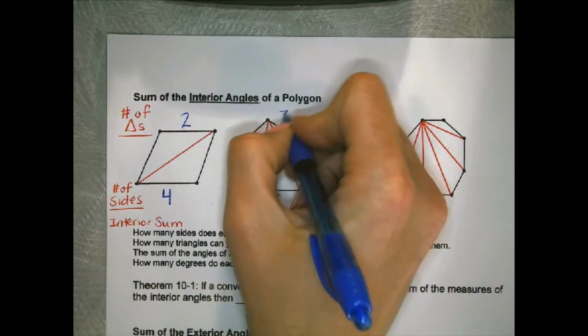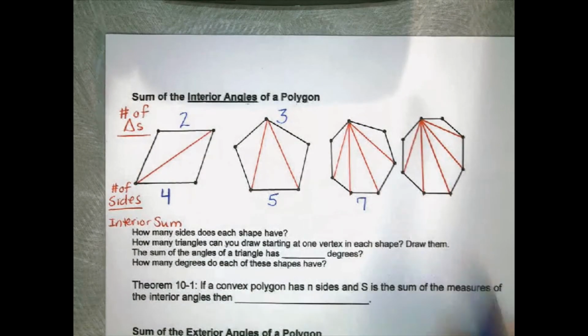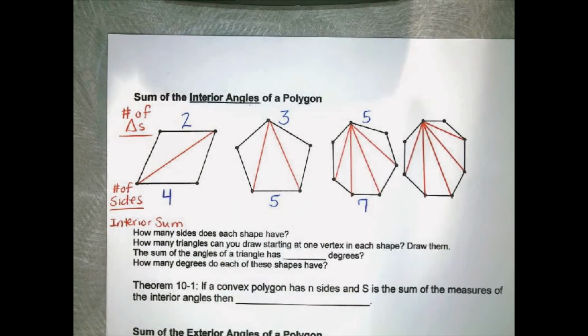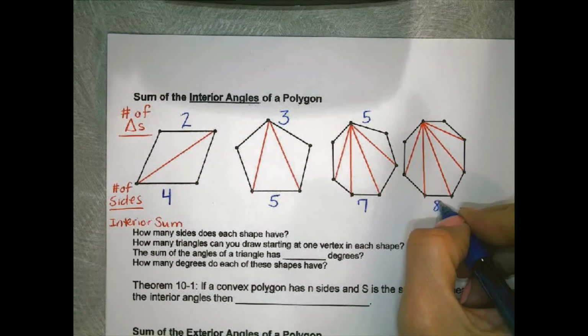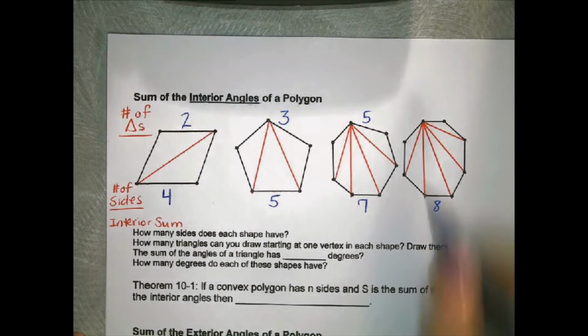In this heptagon, I have 7 sides, and when I draw my connecting lines, I create 5 triangles. In this last example, I have an octagon. It's not a regular octagon, but it does have 8 sides, so that makes it an octagon. And by starting with one vertex and connecting to all the others, I create 6 triangles.